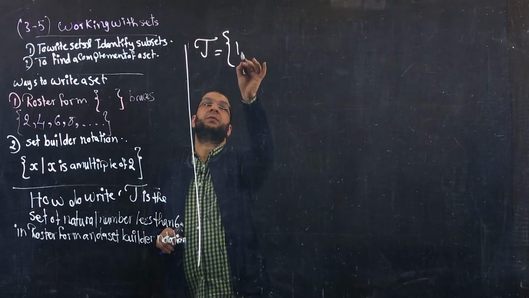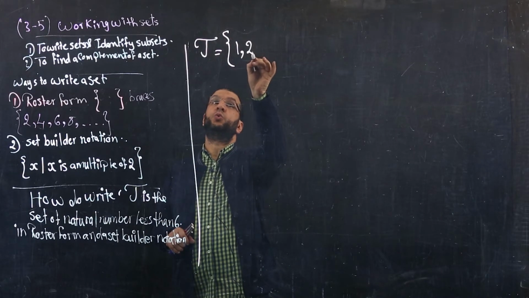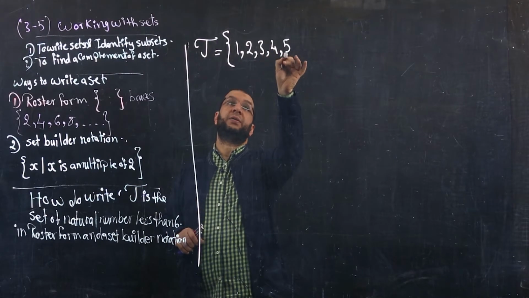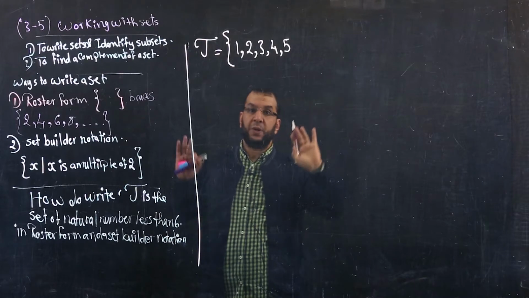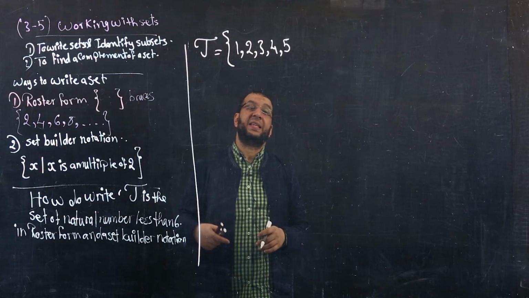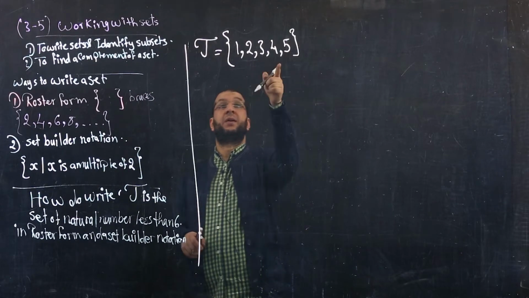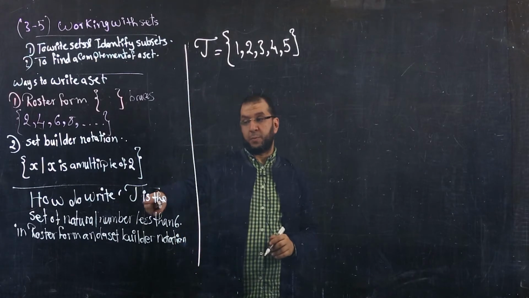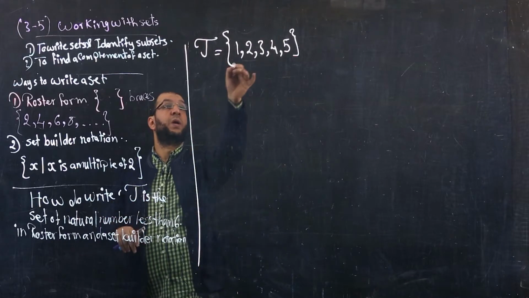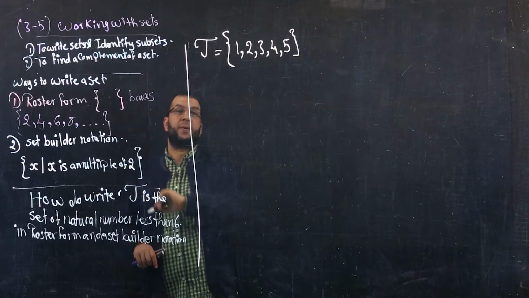The natural numbers start from 1, so it's 1, 2, 3, 4, 5. Can we take 6? No, we cannot, because it said less than only, not less than or equal to 6. So these are the natural numbers less than 6: 1, 2, 3, 4, and 5 in Roster Form.